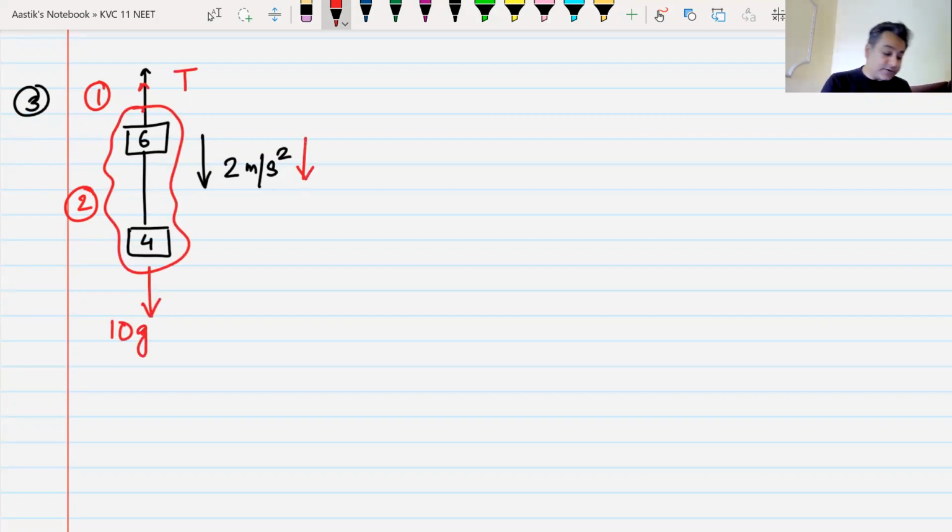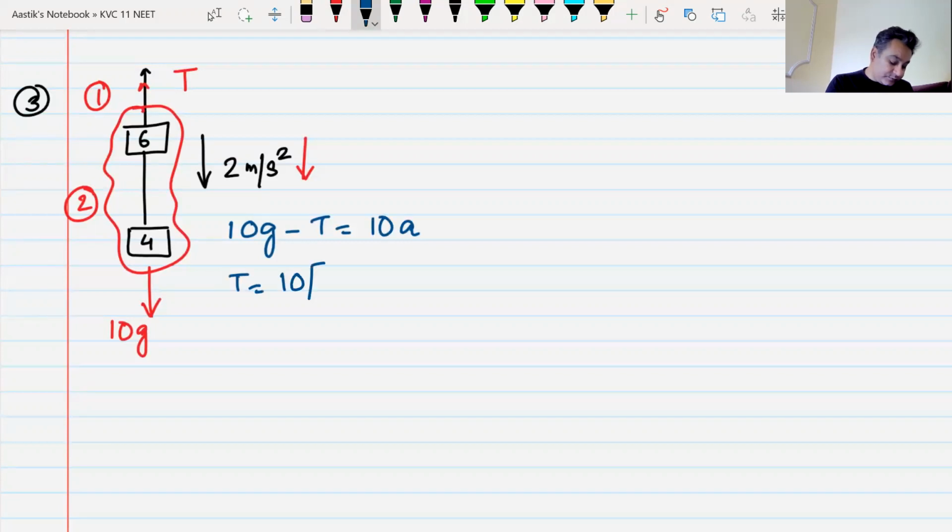So now the equation becomes 10G minus T is equal to MA. M is 10, so my T becomes 10 into G minus A. G is 10, A is 2. I get the answer for this tension as 80 newtons.